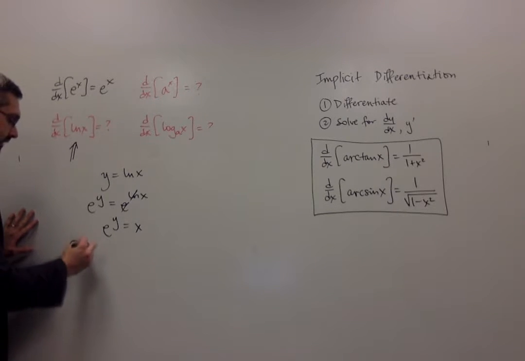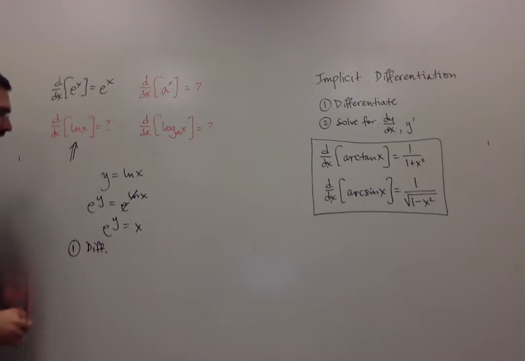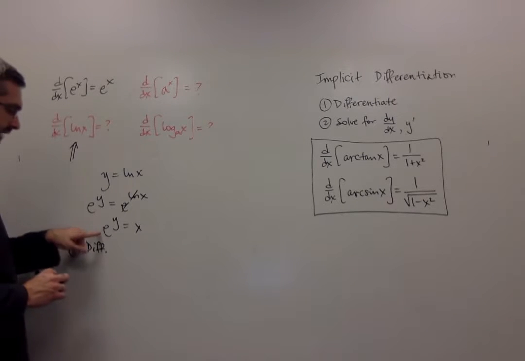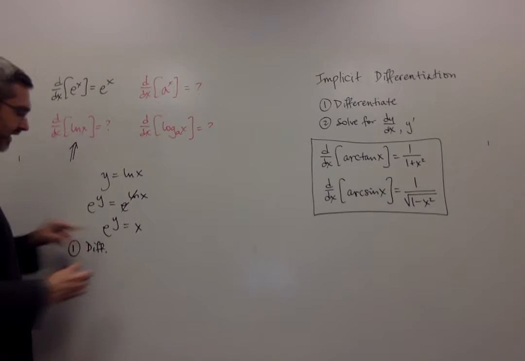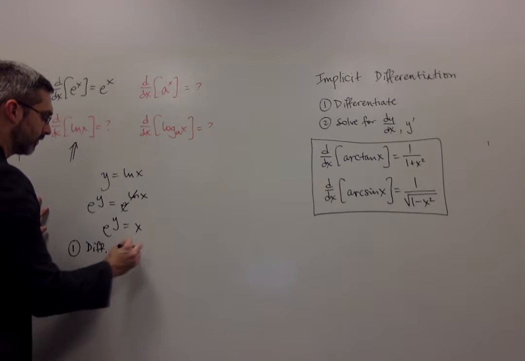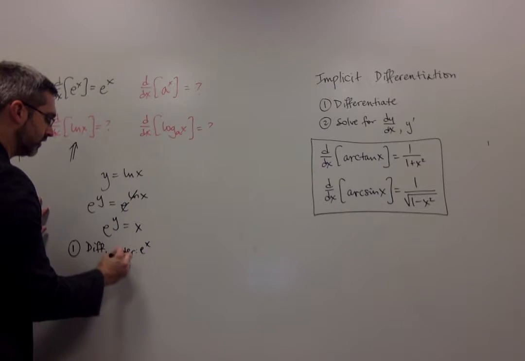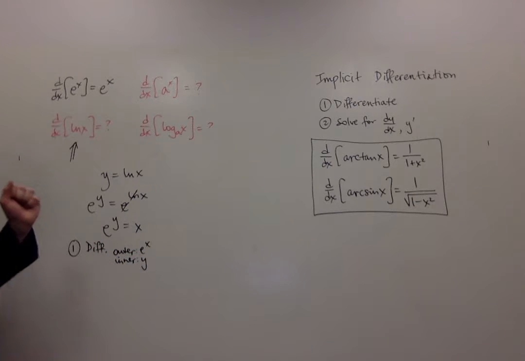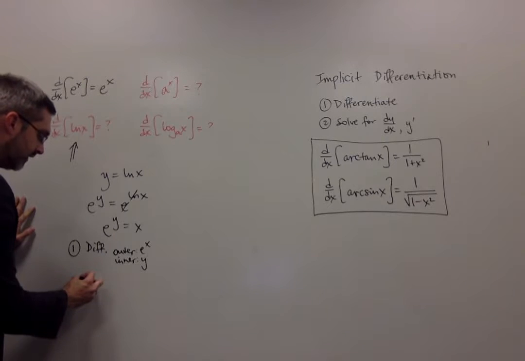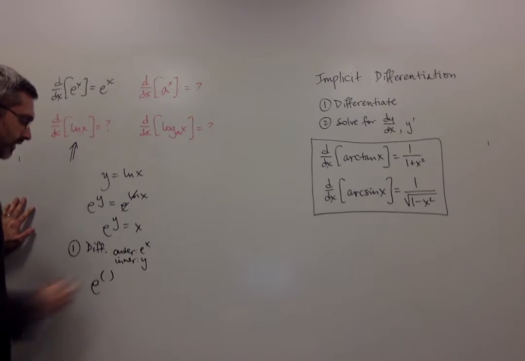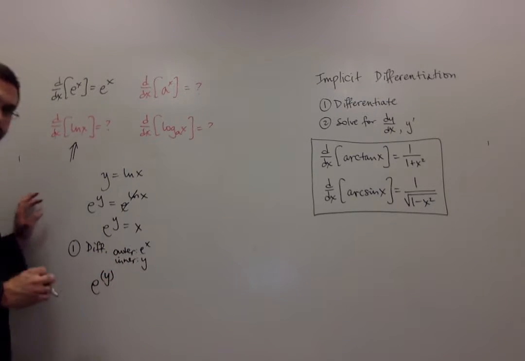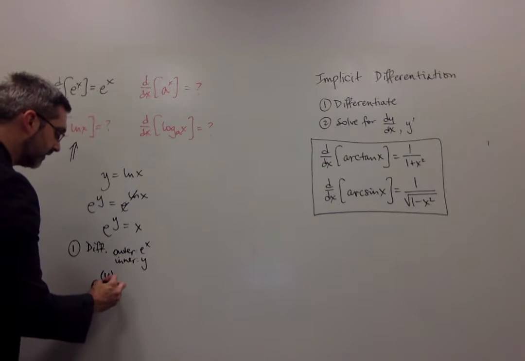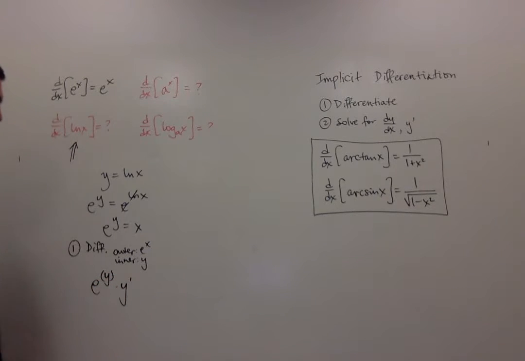We're going to differentiate this using our implicit differentiation. So we have a chain rule here. The outer function is e to the x, and the inner function is y. So we differentiate the outer, and that is my favorite function. I love it. e to the x. I'm going to plug in my y, and then I'm going to multiply by the derivative of the inner function, y prime.